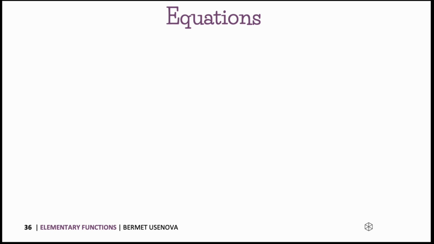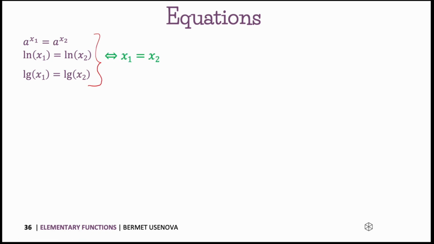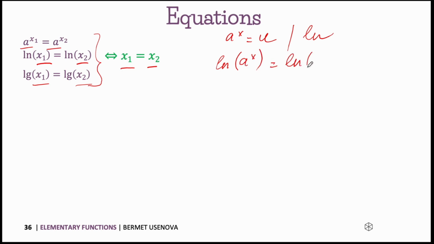First of all, here are a few basic transformations. For example, if we have something with the same base, then it means that x1 is equal to x2. Same here. Also, same with the log base 10. To solve exponential equations, we use logarithmic transformations. So, for example, if we have a to the power of x equals u, we can take logarithm of both sides, and it will be natural logarithm of a to the power of x equals natural logarithm of u.